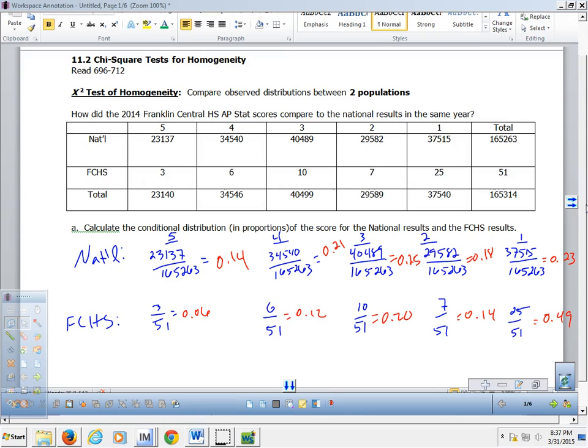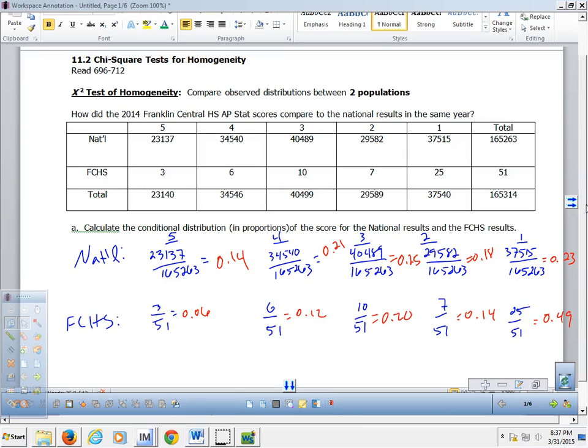Here at Franklin Central High School, 6% received 5s, 12% received 4s, 20% received 3s, 14% received 2s, and 49% received 1s. Okay? We do the conditional distributions in proportions because obviously there are different totals involved, and the proportions make comparisons a lot easier.